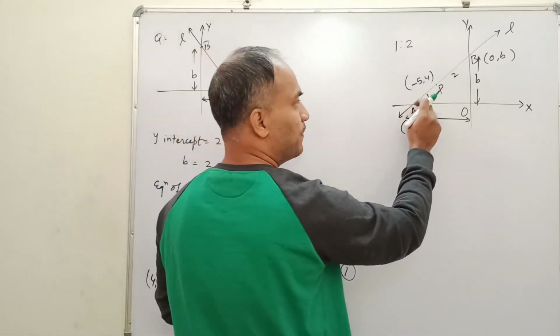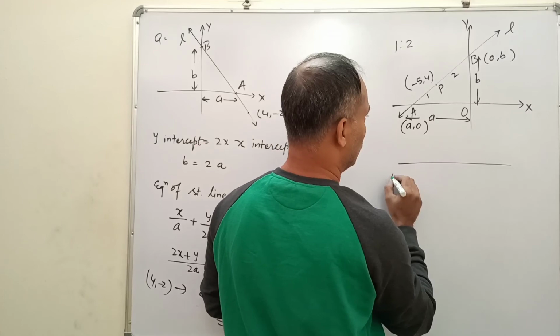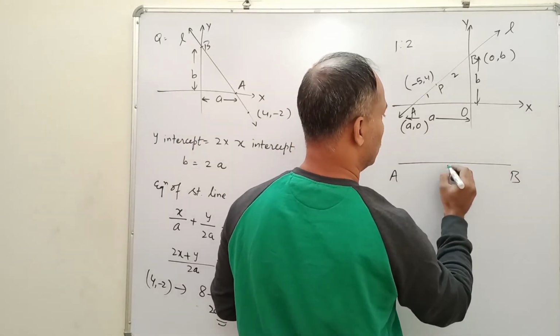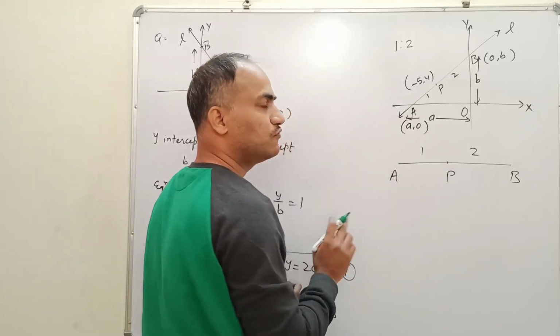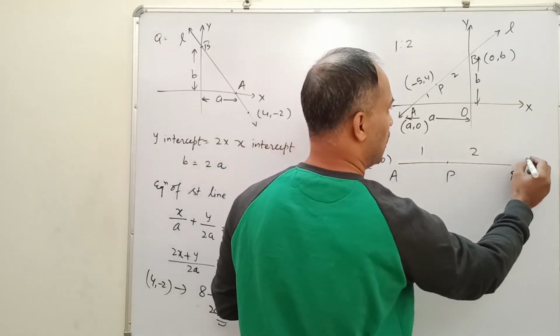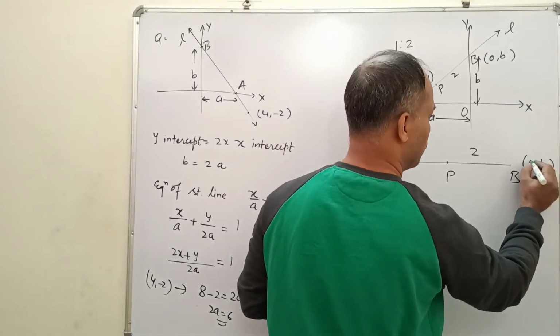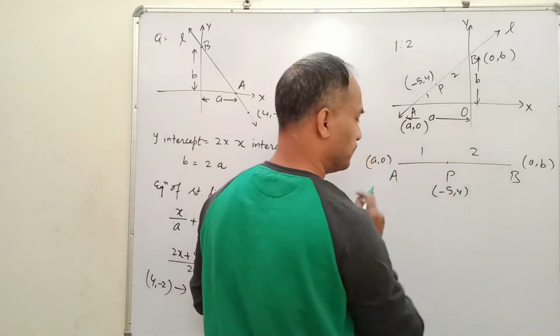So can we apply the internal division formula? Yes. A is (a, 0), B is (0, b), and P divides AB in the ratio 1:2.